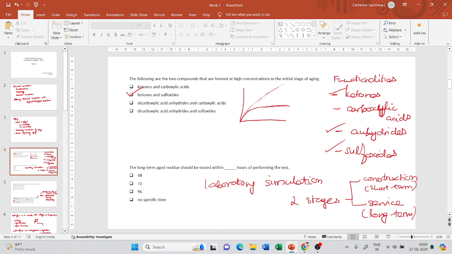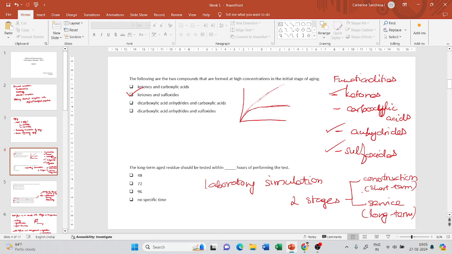Both these types of aging are simulated in the laboratory for the main reason that in order to wait for the bitumen to age as per long-term aging, you would have to actually wait for 7 to 8 years to know how this material has aged.